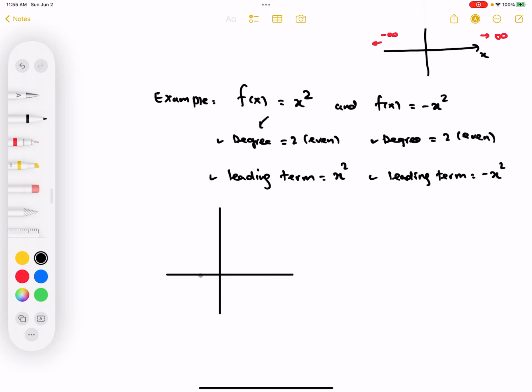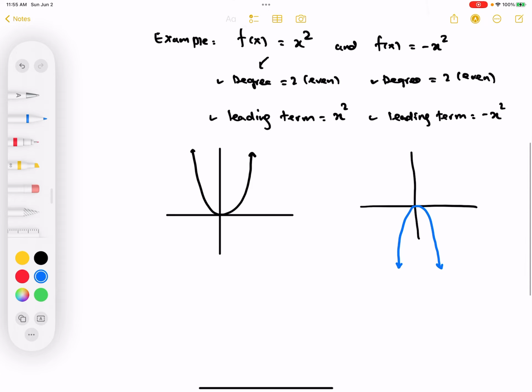The first one opens up, right? And the second one, the parabola, opens down. So when the leading coefficient of an even degree is negative, then it opens down.